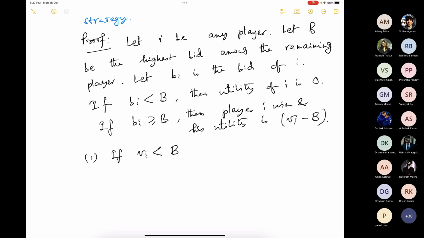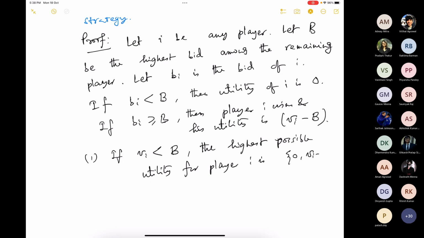No. In this case, the highest possible utility for player i is: if it wins, then its utility is Vi minus B, which is negative, and if it loses, its utility is 0.